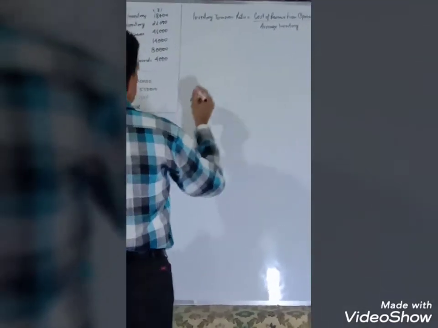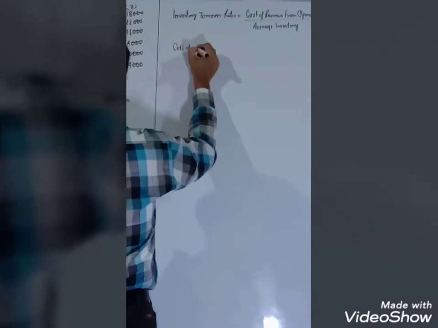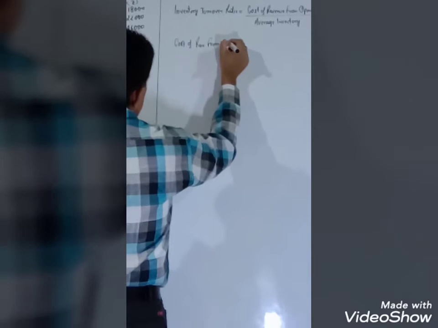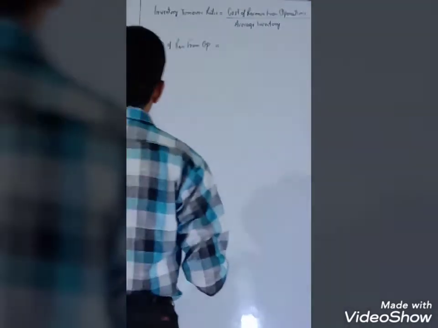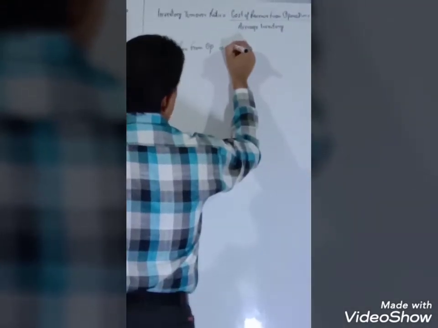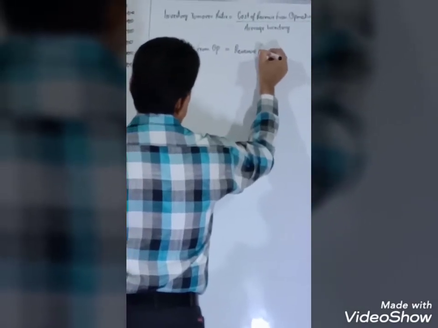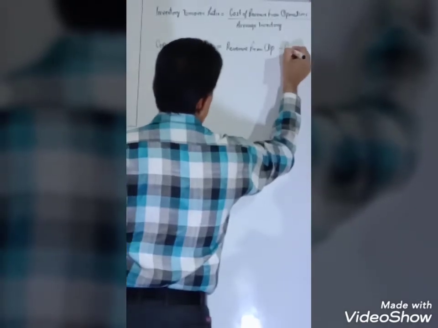For the calculation of cost of revenue from operations, we will use another formula. The other formula is revenue from operations minus gross profit.